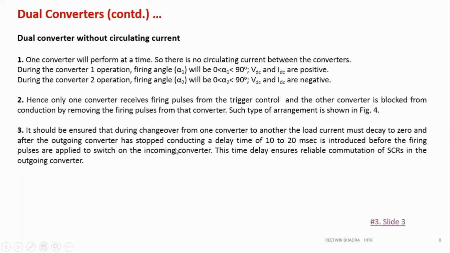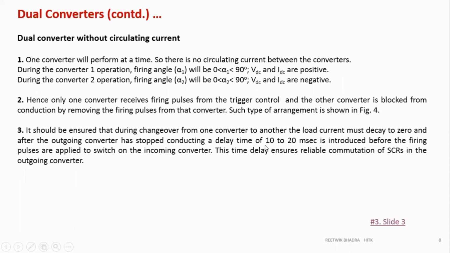Okay, last important point what I want to tell you is point number 3. What happens during the changeover from one converter to the other converter? We have to ensure that the load current must decay to 0. From one converter to the other converter, if I am going for switching, then we have to ensure that the load current has become 0. Then only the other converter is given gate pulse.